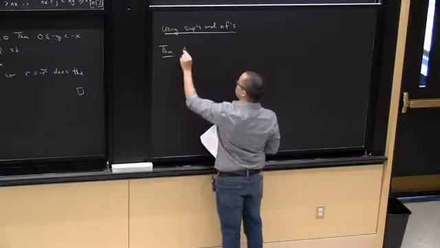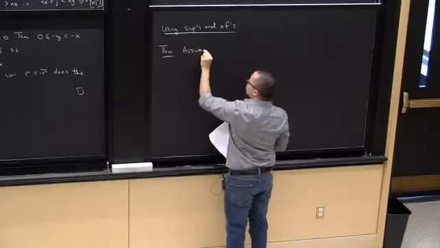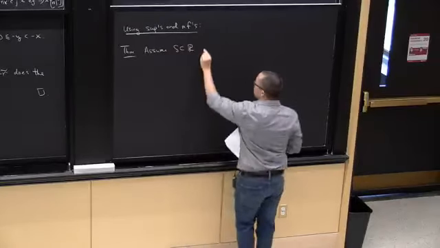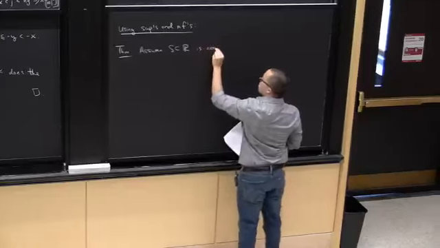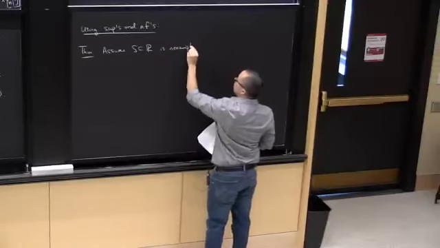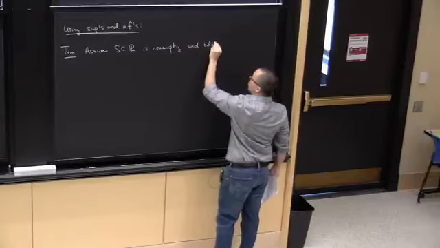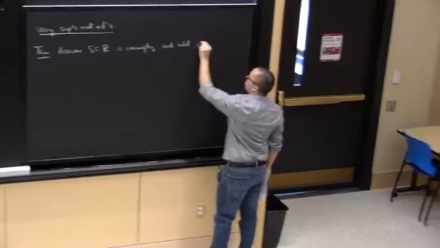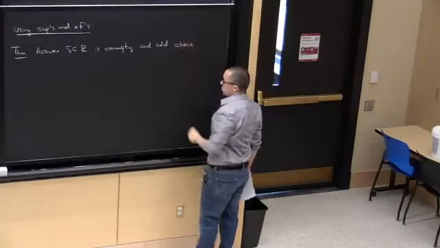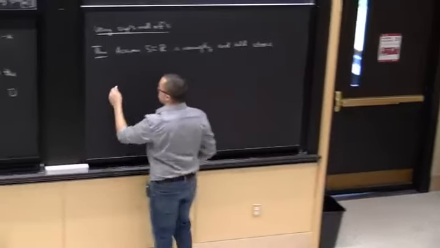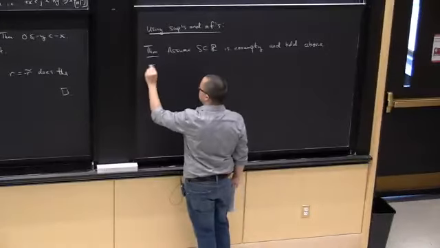So assume S is a subset of R, non-empty and bounded above. So S has a supremum. I'm going to tell you what the supremum satisfies, and it's an if and only if statement.